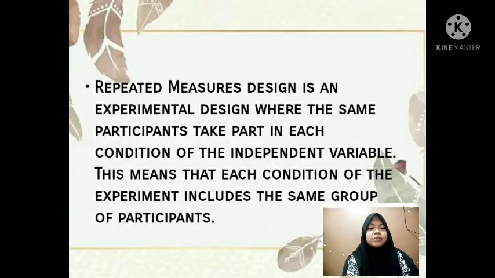In a repeated measures design, all participants in a single group participate in all experimental treatments, with each group becoming its own control. The researcher compares a group's performance under one experimental treatment with its performance under another experimental treatment.